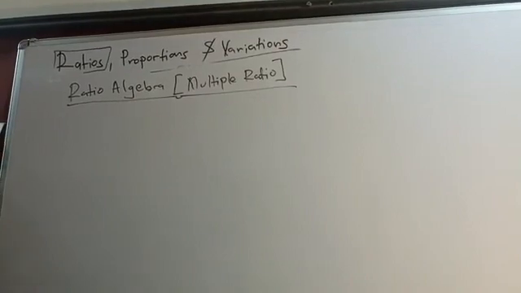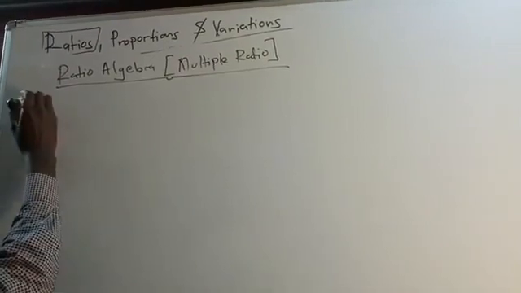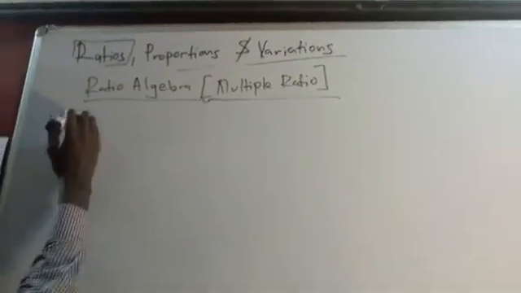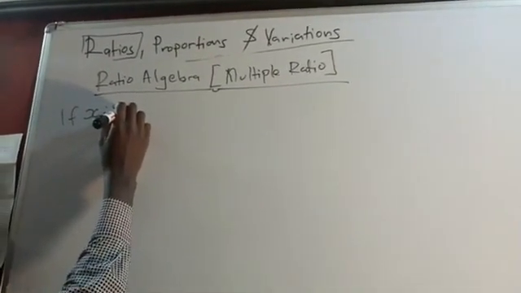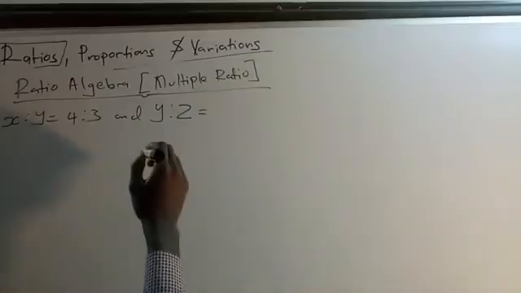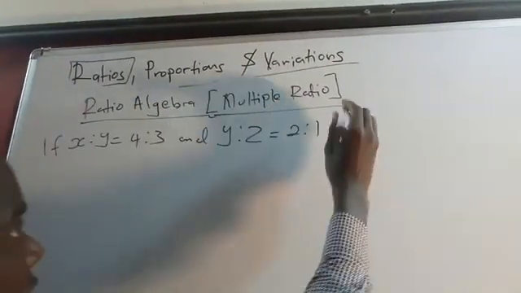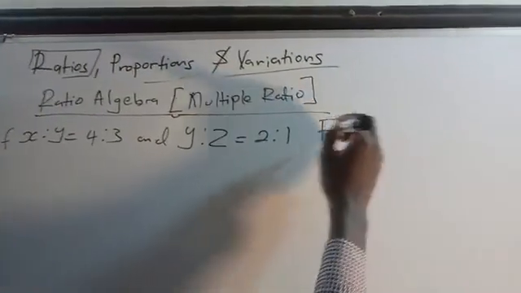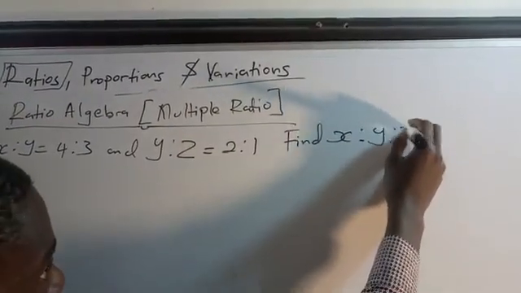So they can give us this: if x to y is equal to 4 to 3 and y to z is equal to 2 to 1, and they tell us to find x to y to z.